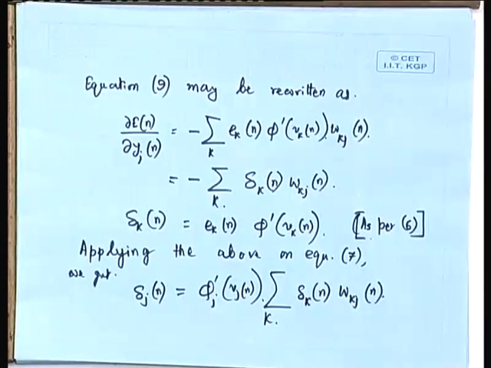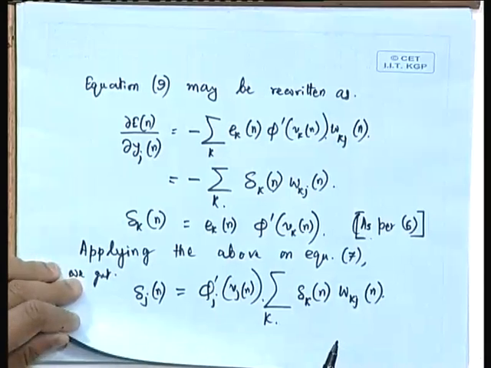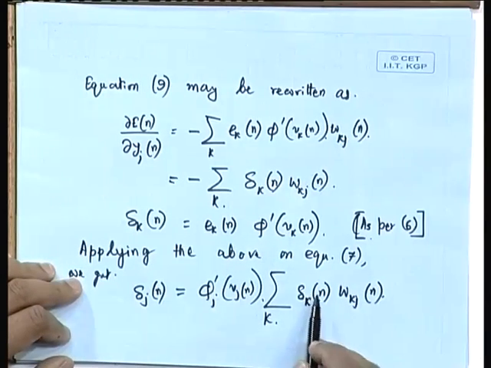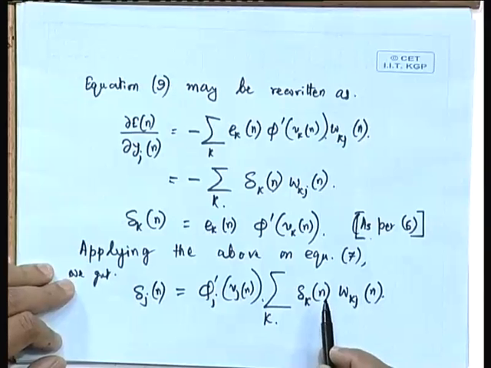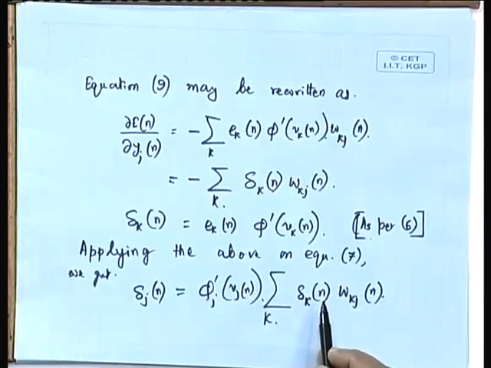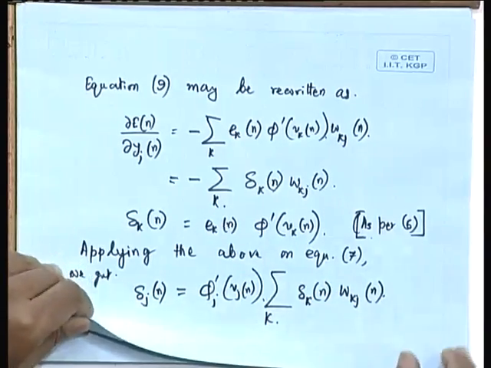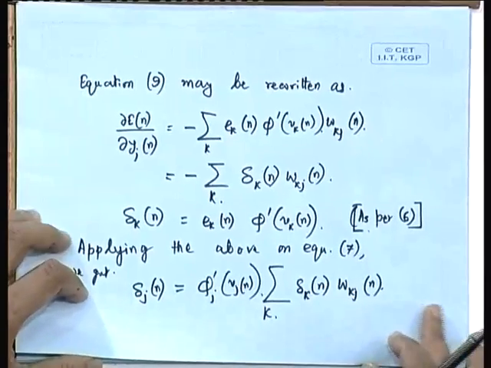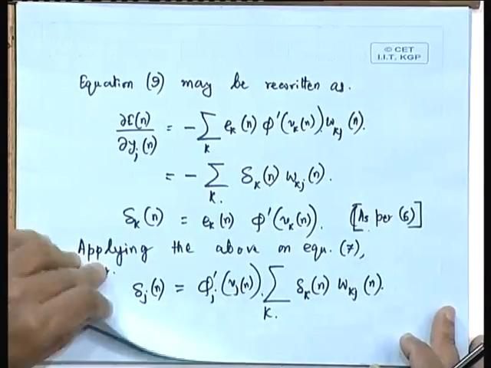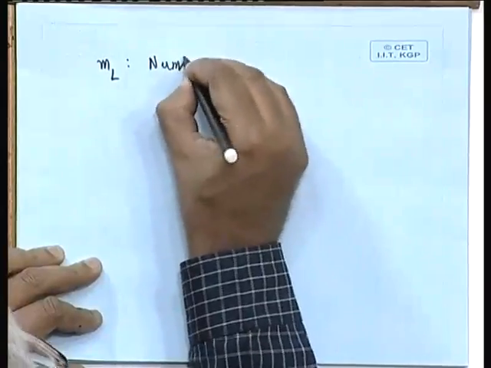So to compute delta j, the signal flow that we are getting is very interesting. Let's see. We are calculating all these deltas. Deltas are nothing but E times phi dash, according to our definition. So let's say that we have ml as the number of output neurons.